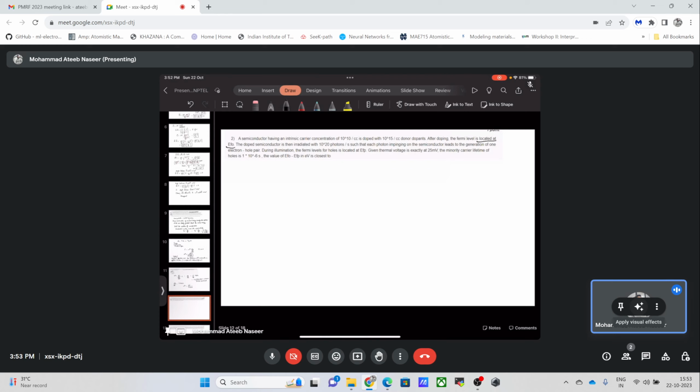During this illumination, the Fermi level of holes is located at EFP. The thermal voltage value is given. Minority carrier lifetime is given. We have to find the value of EF0 minus EFP.